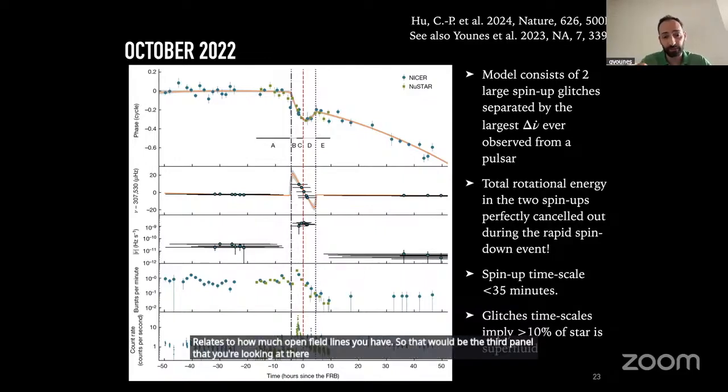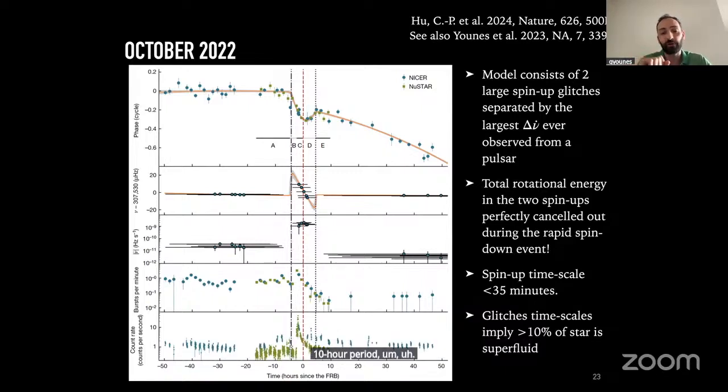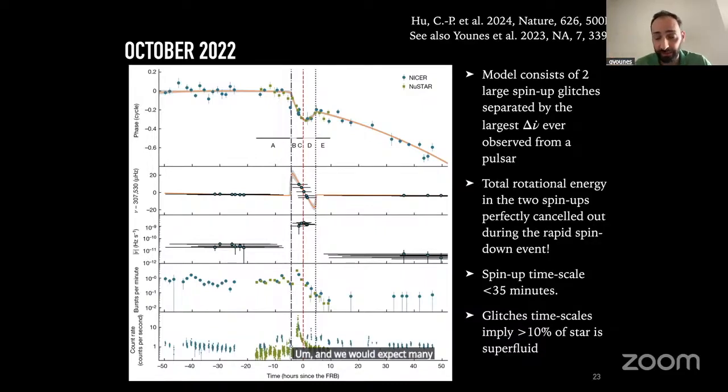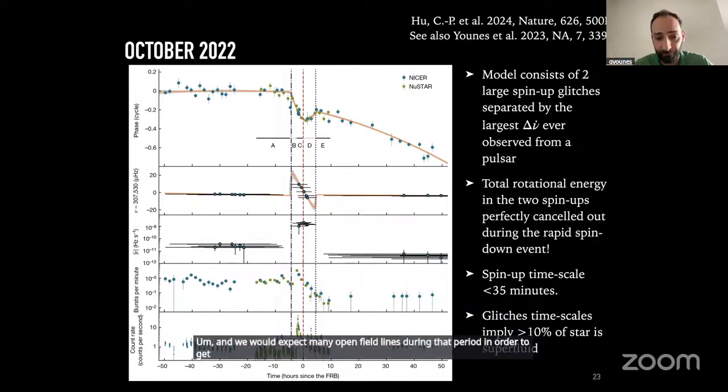And during about a 10-hour period surrounding the FRB, you had a massive nu dot, the largest ever discovered by an order or 2 orders of magnitude compared to any pulsar. And during that period, smack in the middle of it, there was the FRB. And we would expect many open field lines during that period in order to get to that nu dot.